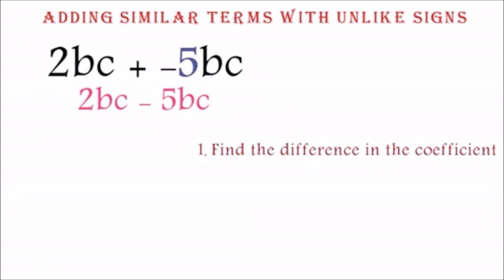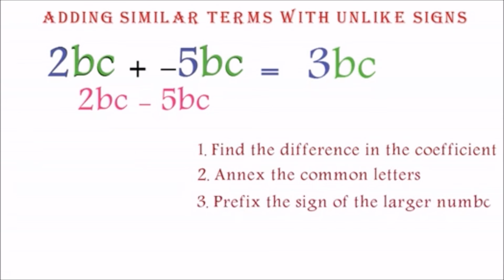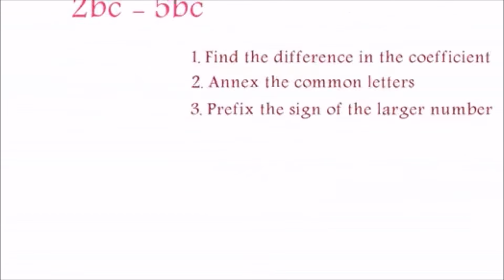You will subtract 5 minus 2 to get 3. Next, annex the common letters. The common letters here are bc. So you have 3bc now. The last thing you do is to prefix the sign of the larger number. The larger number is 5 and the sign is negative. So the final answer will be negative 3bc.